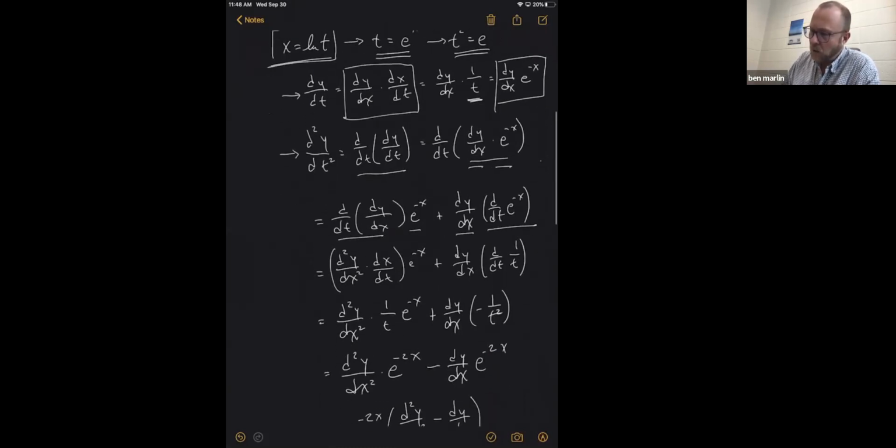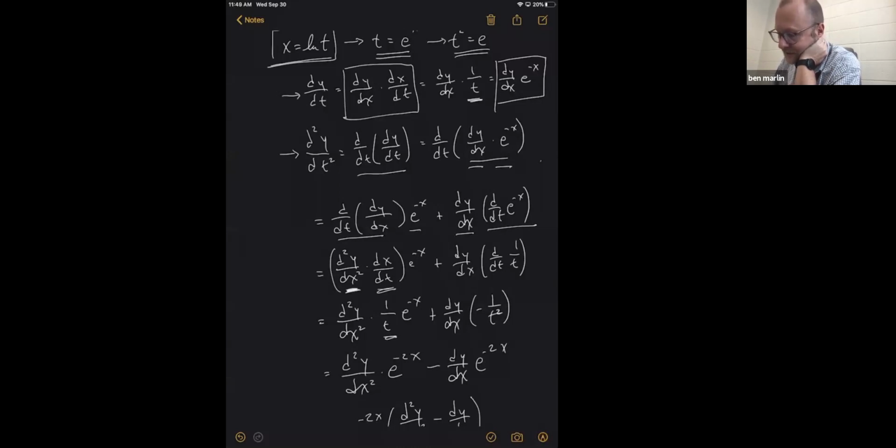So when I do that, for the first one I can say something about taking the derivative of dy/dx with respect to x. So that's the second derivative with respect to x. But then I pick up this dx/dt term, okay? And if you look further on, dx/dt was just 1 over t.